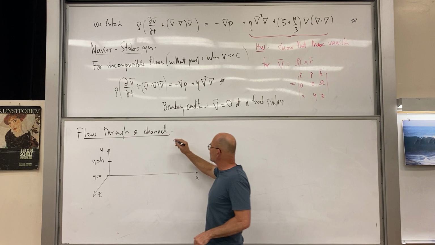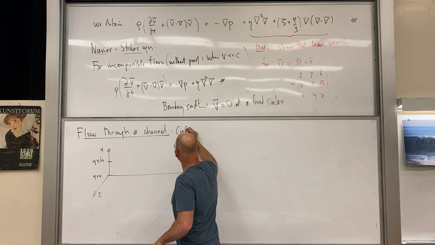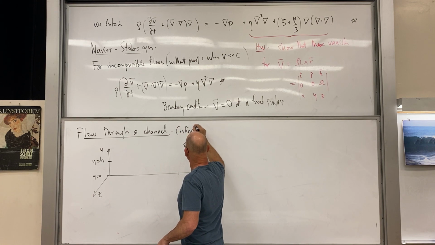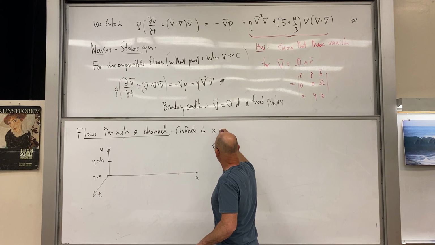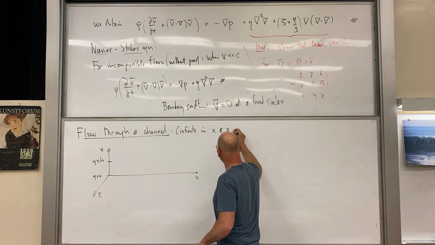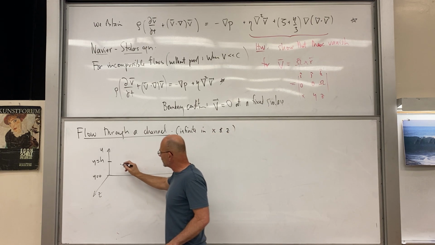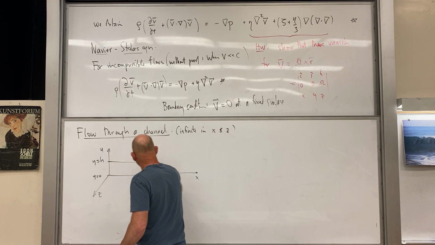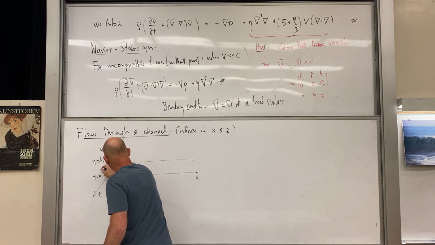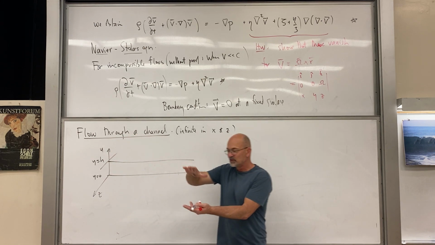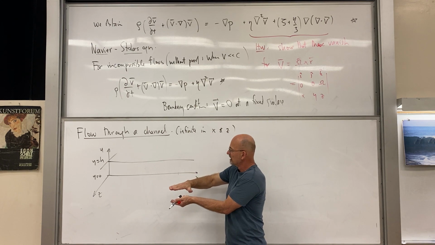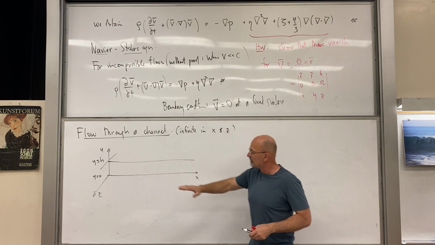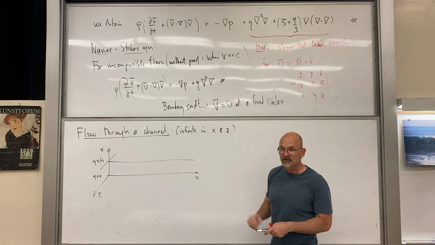So this is flow through an infinite channel. It's going to be infinite in x and z, and it's going to be between y equals 0 and y equals h. You just have to visualize that. We have two planes, one at y equals 0, one at y equals h, and there's a flow in the positive x direction.